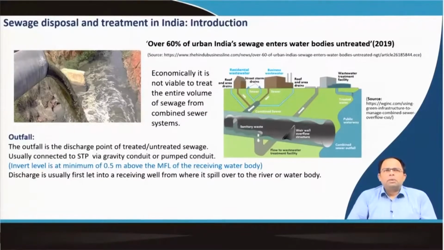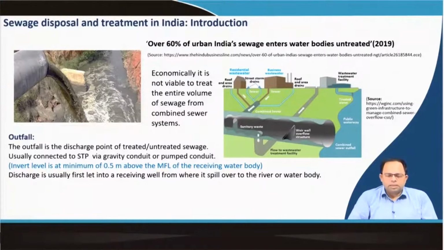When we talk about sewage disposal and treatment in the Indian context, as per news reports, because technically we did not find any reports on this, it could be roughly estimated that over 60% of urban India's sewage enters water bodies untreated.